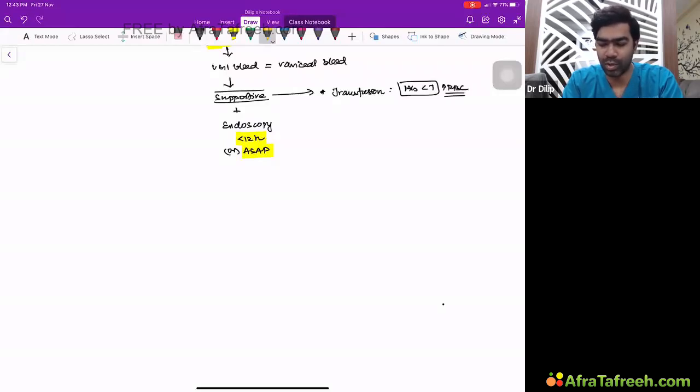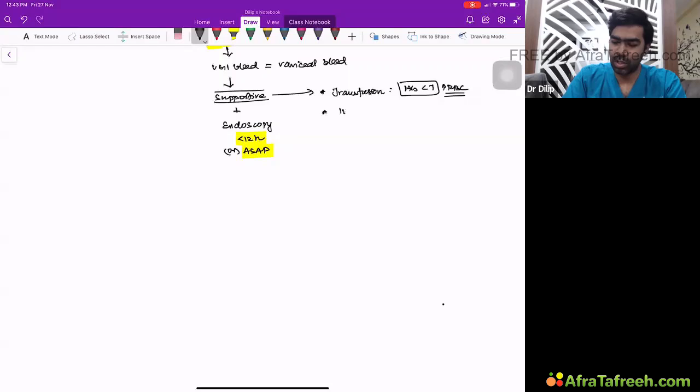Remember, if hemoglobin is more than 7, you don't transfuse PRBC, because the target hemoglobin here is 7 grams per deciliter only. Too much of hemoglobin or too much transfusion can adversely affect your portal pressure, can increase the portal pressure, and it can result in more bleeding. So avoid overzealous transfusions. Just maintain a hemoglobin of 7. That is more than enough. No need to maintain hemoglobin of 10 or 11 or something else.